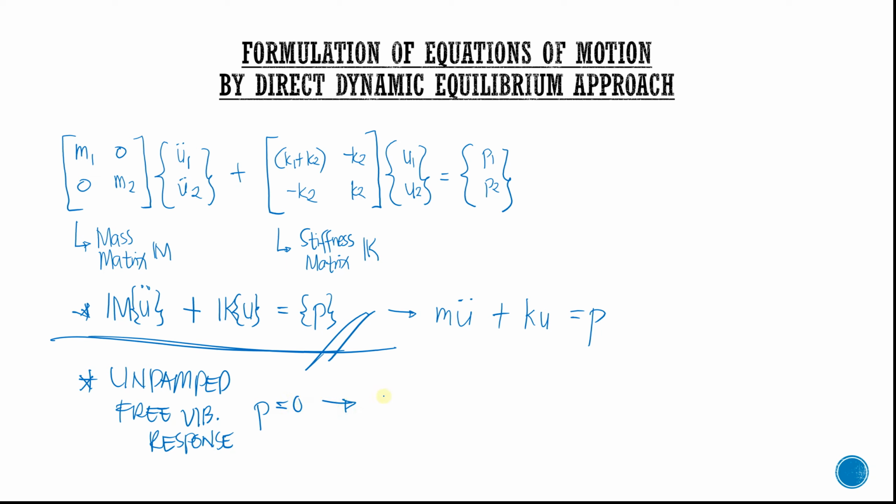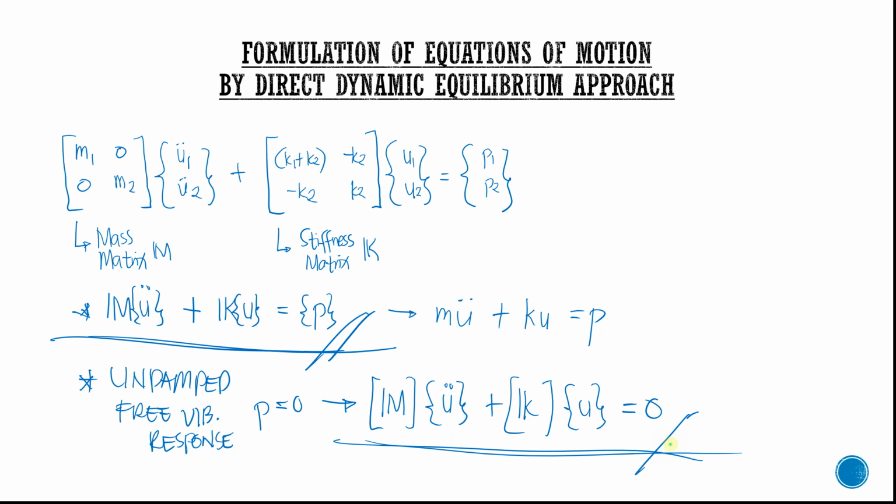Then the general equation of motion will become the mass matrix times the response acceleration vector plus the stiffness matrix times the deformation vector is equal to 0.